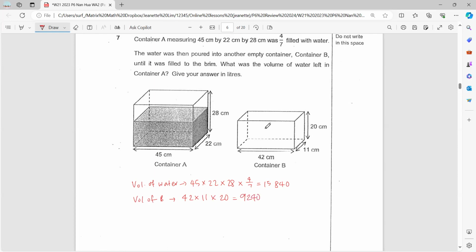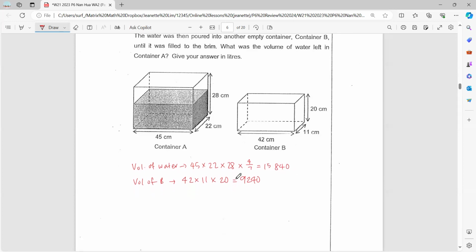Okay, so we have the water, we have this container, and if you compare, B is definitely less than the water. So some water will still be left. So we take the water minus B. This will give us 6,600. This is in cubic cm or ml. So you want to convert this to liters because the question asks for liters. So 6.6 liters.